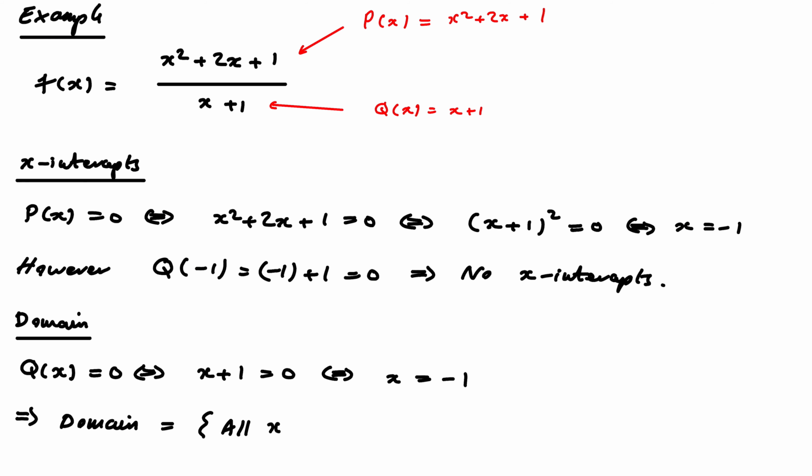So all x such that x isn't equal to minus 1. It doesn't matter that minus 1 is a 0 at the top. 0 over 0 is still undefined. So in interval notation, minus infinity to minus 1, union minus 1 to infinity, not inclusive of minus 1.